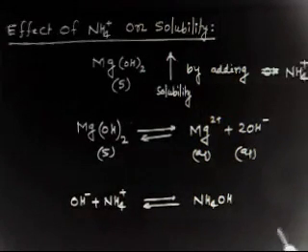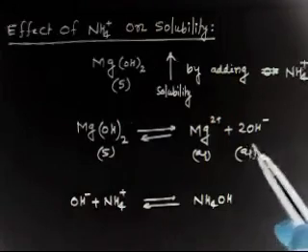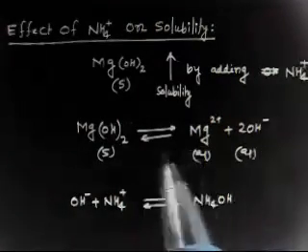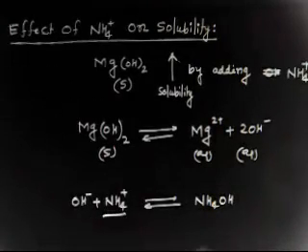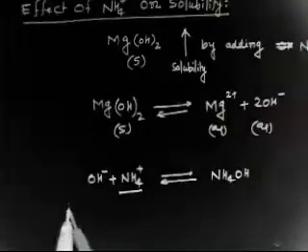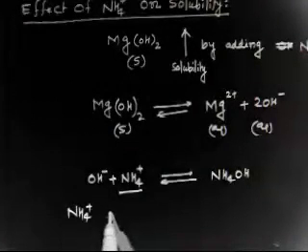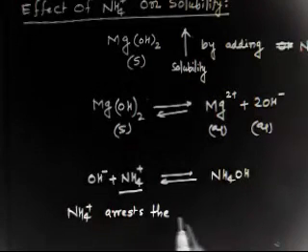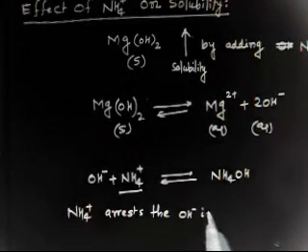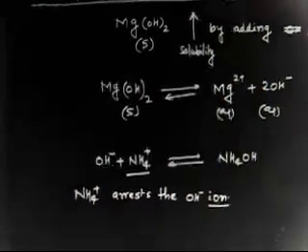You see the Le Chatelier principle: if you remove this one, the equilibrium will shift this side. Are you getting it? That's why solubility increases, because NH4+ arrests the OH- ion.